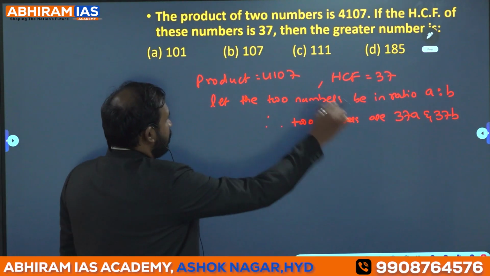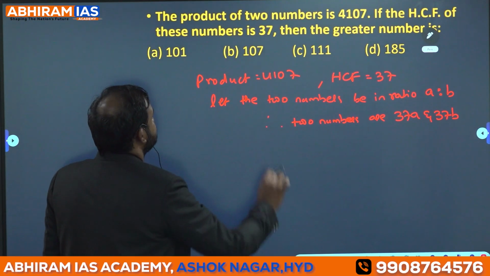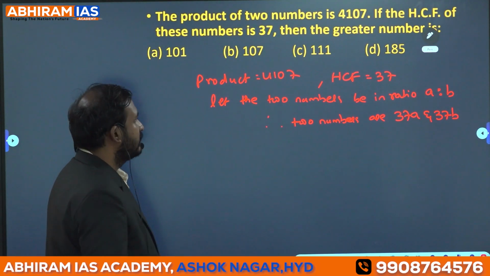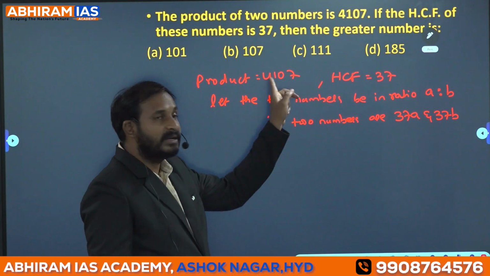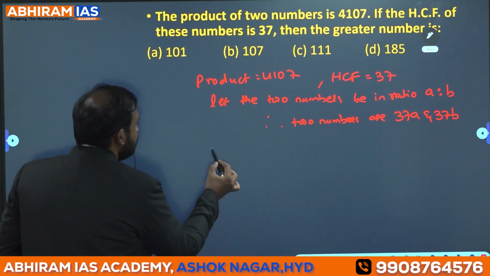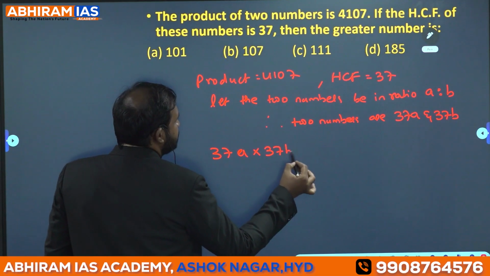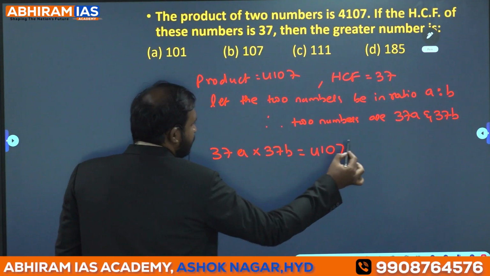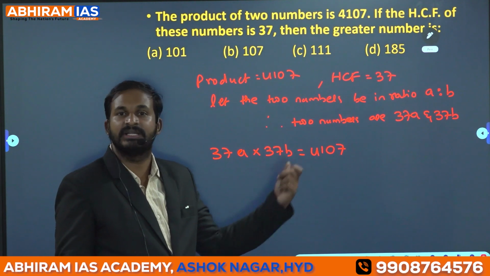Now we will apply our logic. We have the two numbers and their product. That means 37A into 37B is equal to 4107. See here students, by multiplying these two numbers only, we got this value, right?